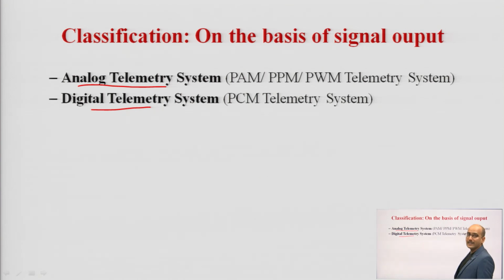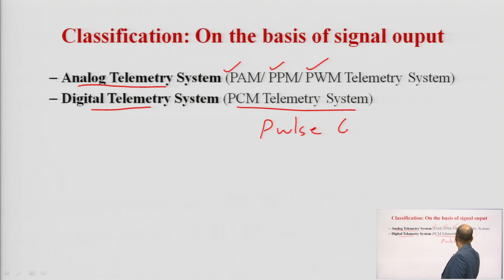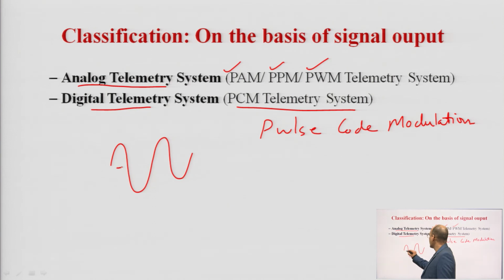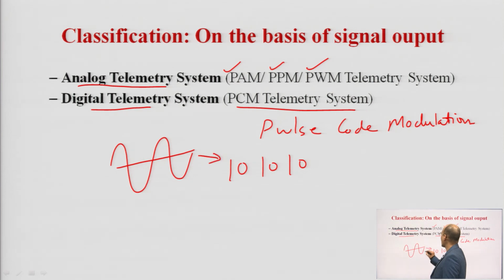In the analog telemetry system, you are going to use amplitude modulation or pulse amplitude modulation, pulse position modulation, pulse width modulation or pulse telemetry, or in the digital telemetry system you are going to use PCM, pulse code modulation telemetry system, in which you are creating a digital signal 0 1 0 1 0 1 from this analog signal.